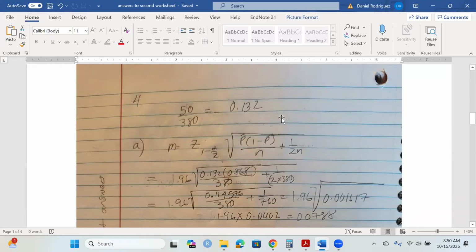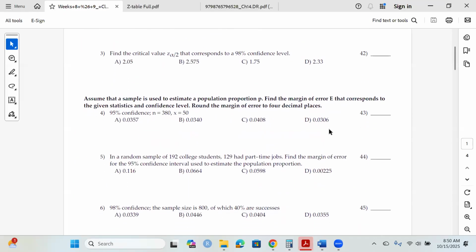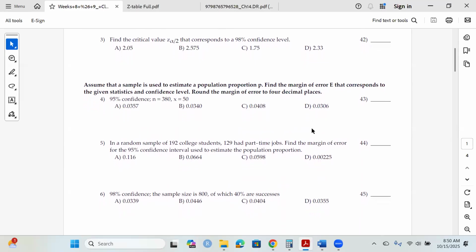Okay, this next one is interesting. And here I differ with the way this professor did it. Now, I can understand why she did it this way. That's fine, but it's not correct. Assume that a sample is used to estimate a population proportion. Find the margin of error, E, that corresponds to the given statistics and confidence level, rounding the margin of error to 4 decimal places.